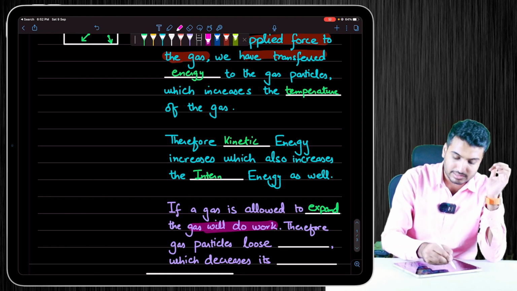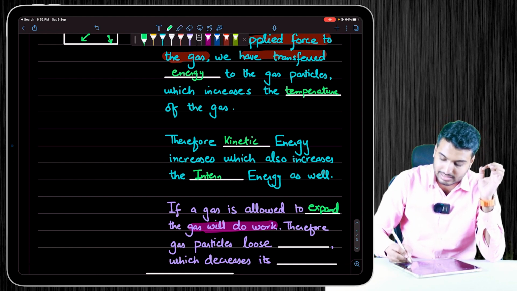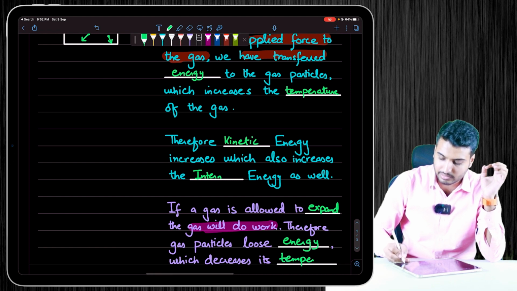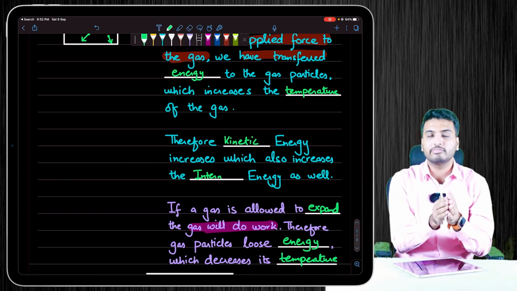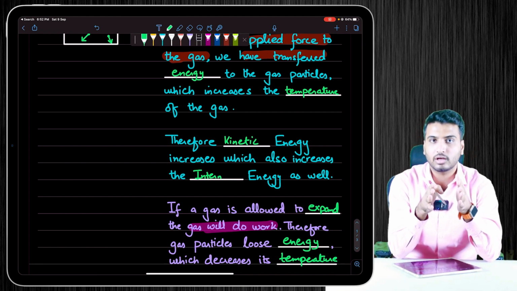Therefore, what happens? The gas particles lose energy, which decreases its temperature.